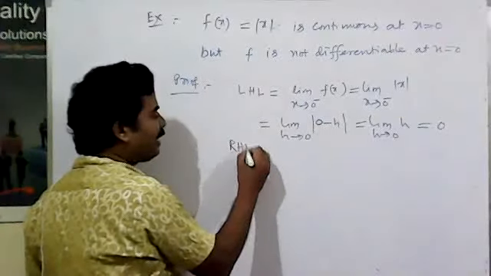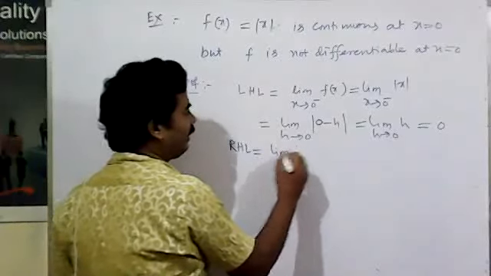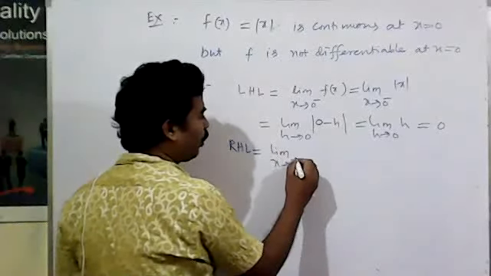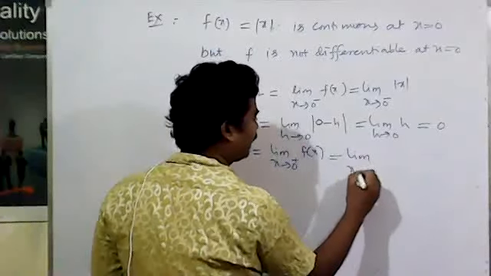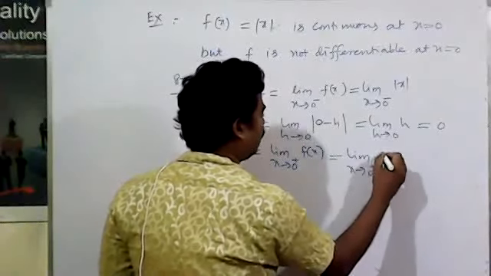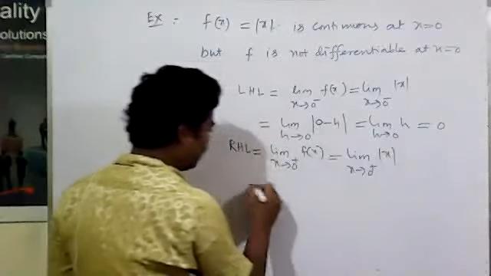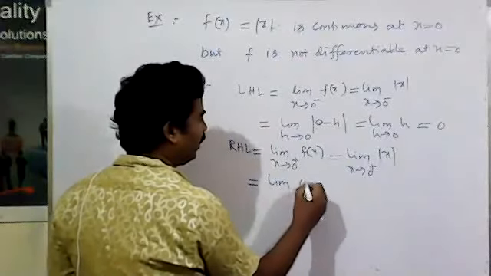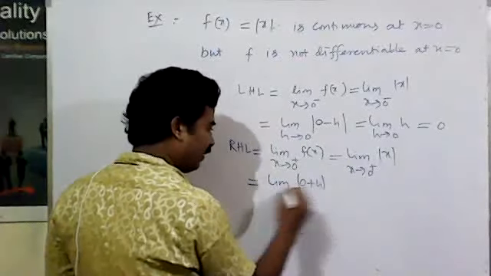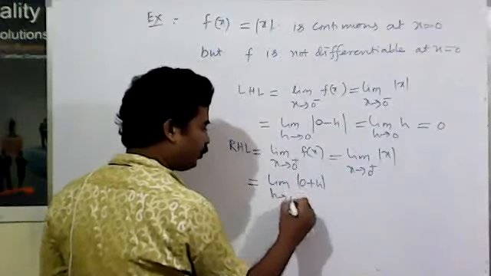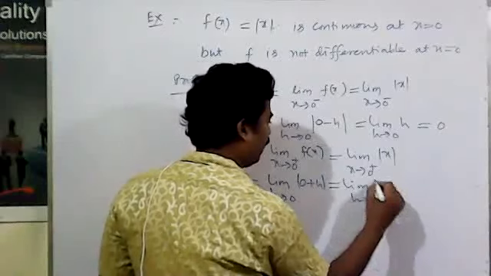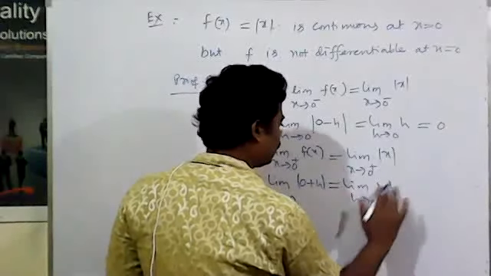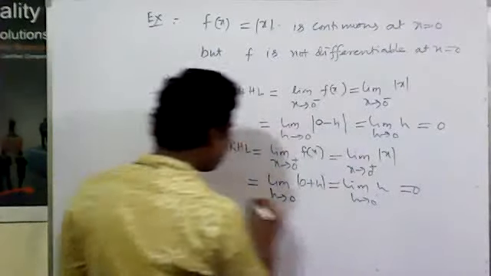Similarly, RHL means right hand limit, that is limit x tends to 0 plus f(x), equal to limit x tends to 0 plus modulus of x, that is limit of modulus of (0 plus h), which is limit h tends to 0 of h, that value comes to 0.